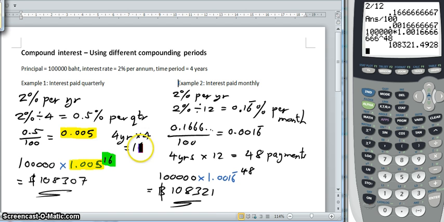That comes from your time periods there. Alright, so same thing over here. The 48 payments is the 48 there. And that's your interest rate, but then we're doing it as a multiplier. Okay, so that's what you're ending up with. Those are the two examples, and that's done.